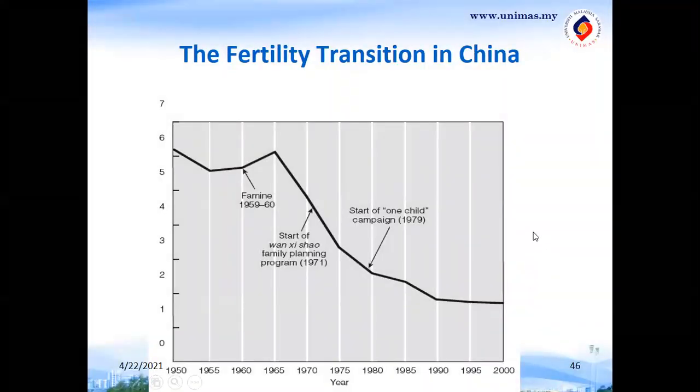In China, interestingly, the fertility transition in China is also showing very drastic decline in the total fertility rate, transition from at one time very high 6 to 5 above, yeah, above 5 children per woman, and there are certain events that occurred during this time.